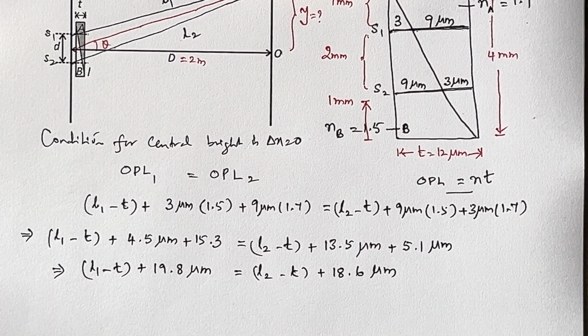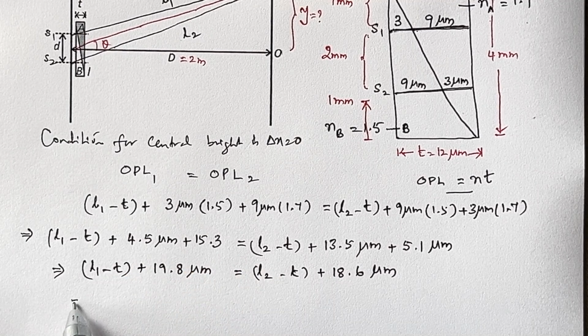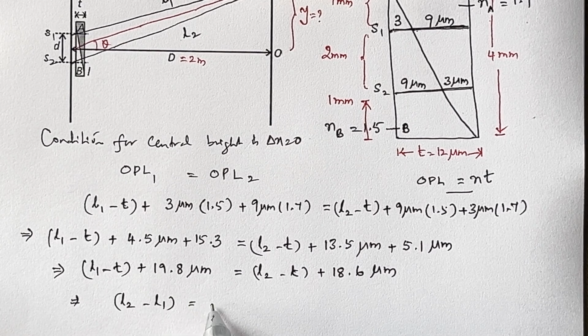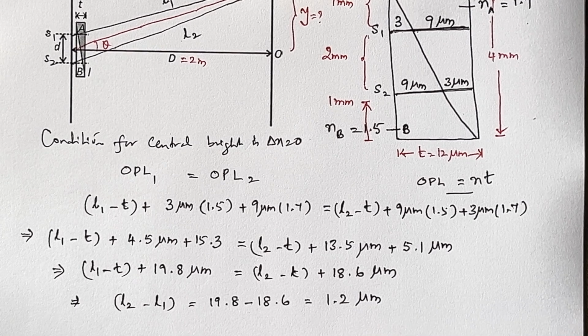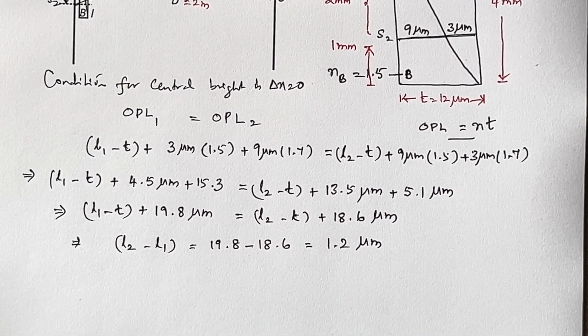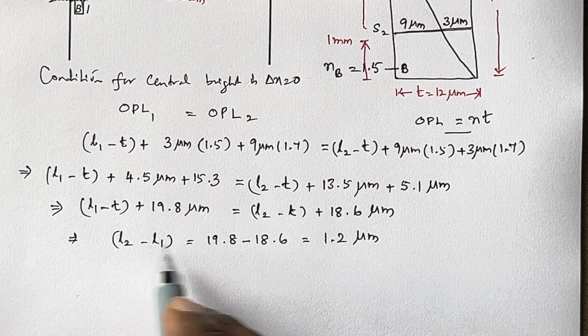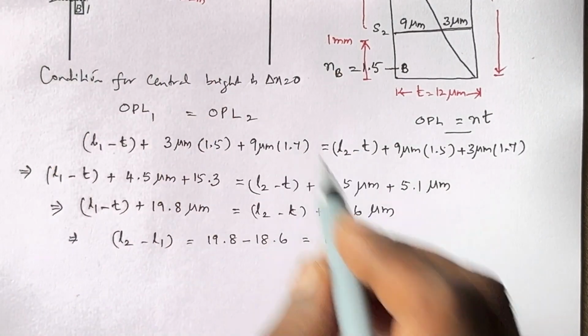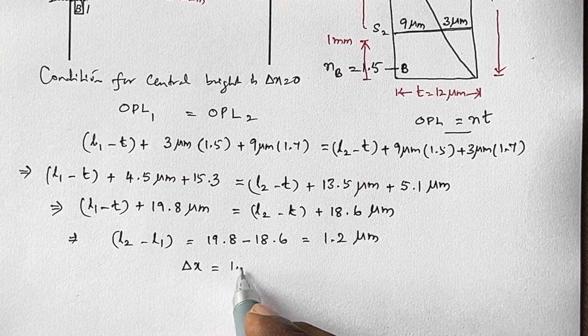Now I will send this L2 minus L1 that side. So what happens? It becomes L2 minus L1 equal to 19.8 minus 18.6, that is equal to 1.2 micrometer. So this we call the path difference, L2 minus L1, that is delta x is equal to 1.2 micrometer.